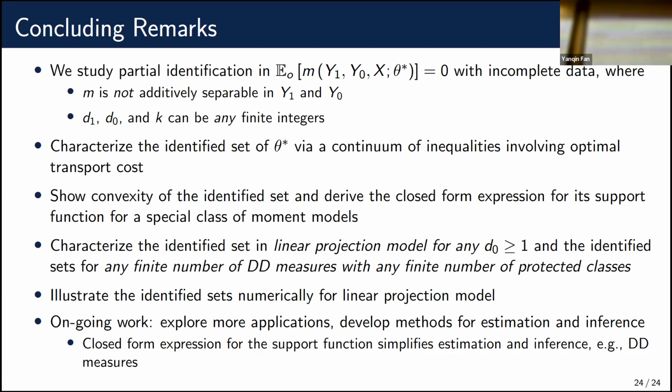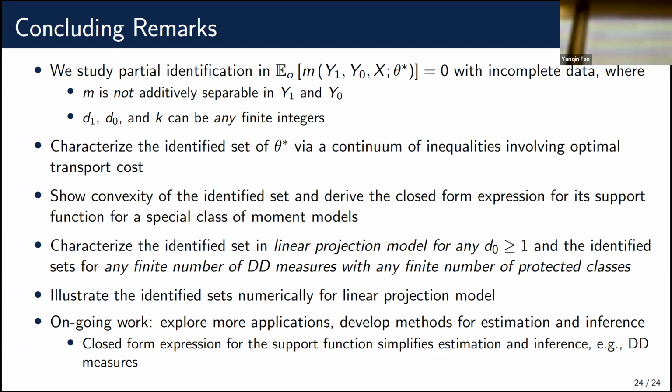But the parameter of interest may be some transformation, maybe even nonlinear transformation of theta star. And one example of the algorithmic measures we look at in the paper, indeed is a nonlinear transformation of theta star, but still theta star satisfies the nice special case of the moment equality model.